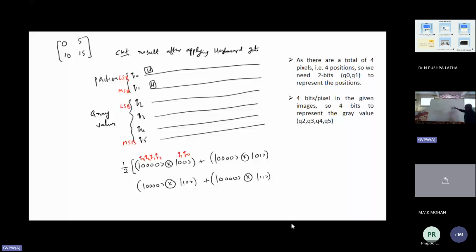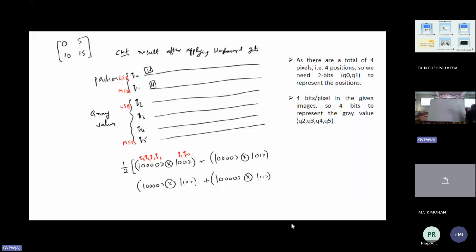The result of this entire circuit is going to be with these 4 numbers: 0, 0, 0, 0, 0, 0, 1, 1, 0 and 0, 0, 0, 0, 1, 1. But instead of writing it like this, I am writing it in this form. This is for our convenience, because we know there is a matrix and we need to get in that form. This is the result after applying step 2.